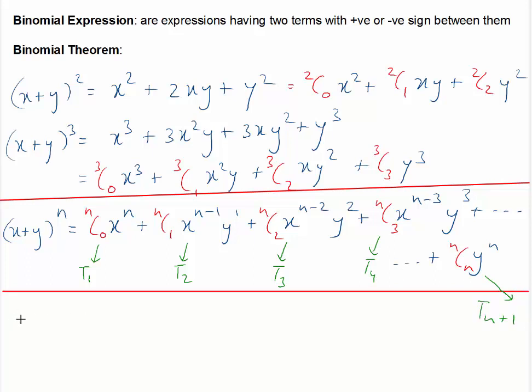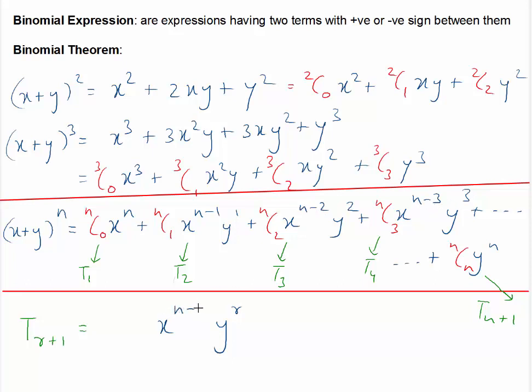So in general, if we want to write the (r + 1)th term of this, if you realize that if this is the 2nd term, this is 1, this is the 3rd term, this is 2, so therefore this would be x and y. So if this is r + 1, it would be y to the power r. If this is 2, this is n minus 2. If this is 3, this is n minus 3.